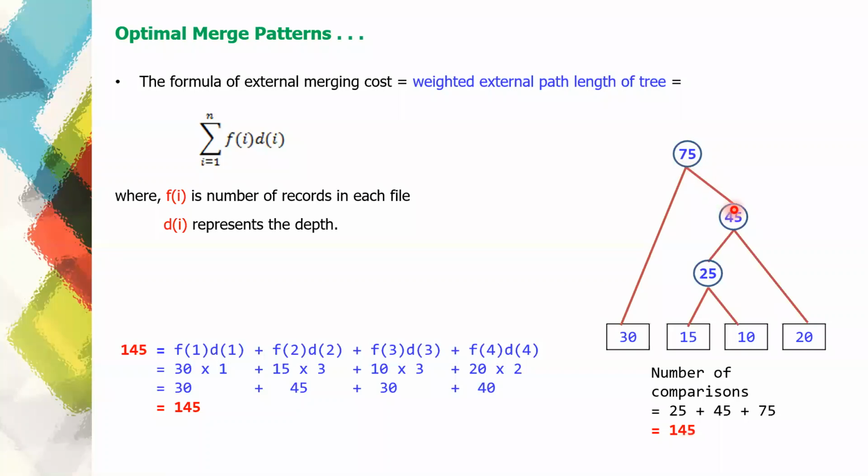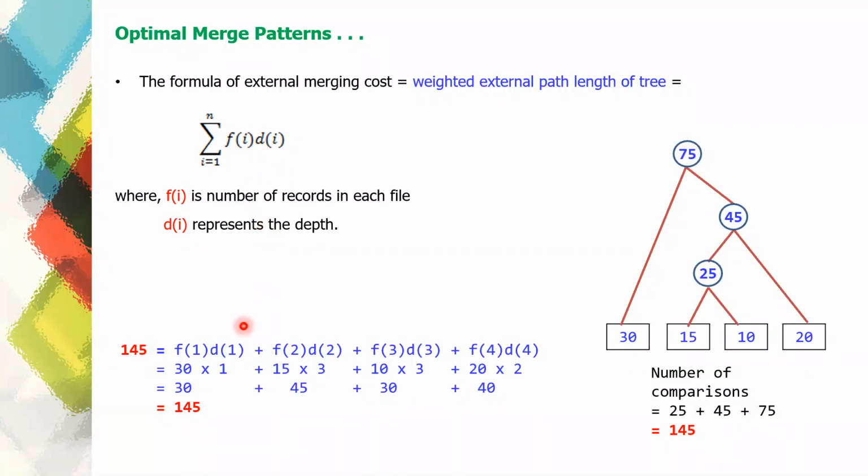So I have added the weights of the internal nodes, 25 plus 45 plus 75, which is equal to 145. The formula for finding the merging cost is the sum of products of the number of records in each file and its depth.